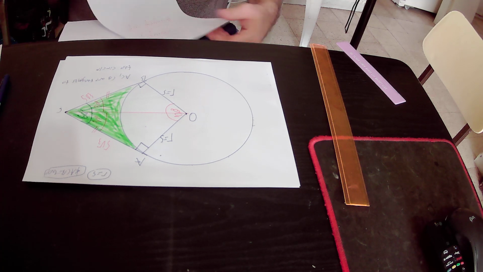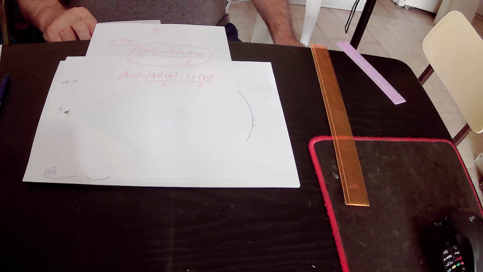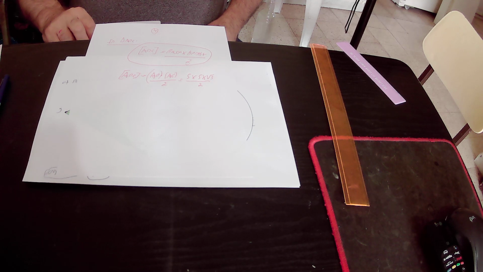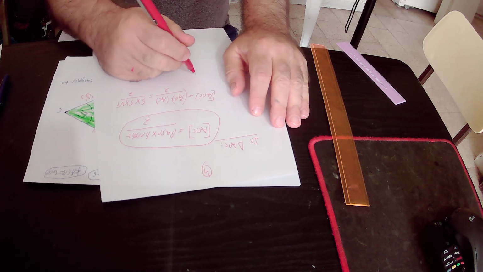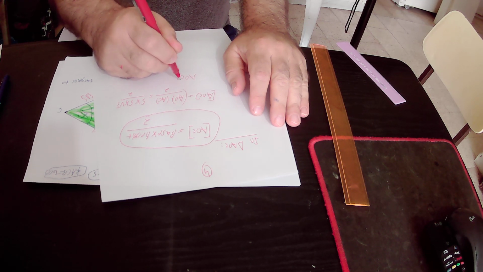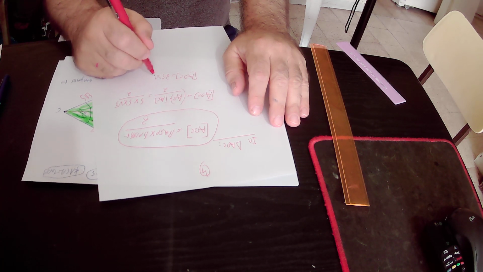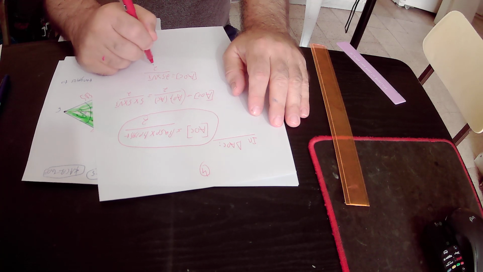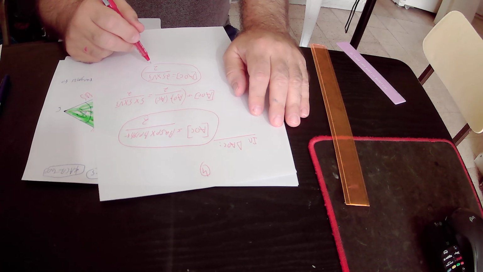So in total, the area of triangle AOC equals 5 times 5 times root 3 over 2 square units. 5 times 5 is 25, so the area of triangle AOC equals 25 times root 3 over 2 square units.